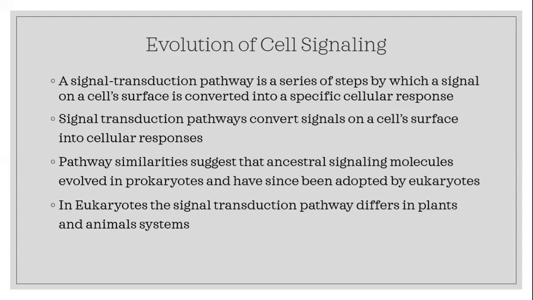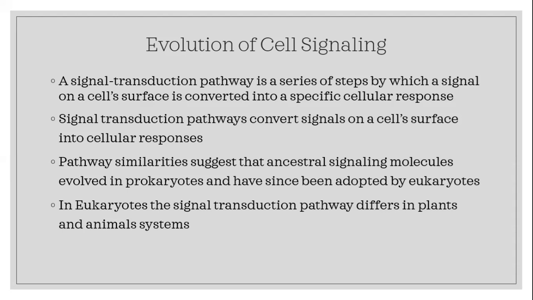Now, when you talk about signal transduction and its evolution, you'll find that a signal transduction pathway is a series of steps by which a signal is conveyed, or transferred, from the cell surface to the interior of the cell. So signal transduction many times starts with the surface of the cell, and it ends in a response inside the cell, which is many times visible to the observer.